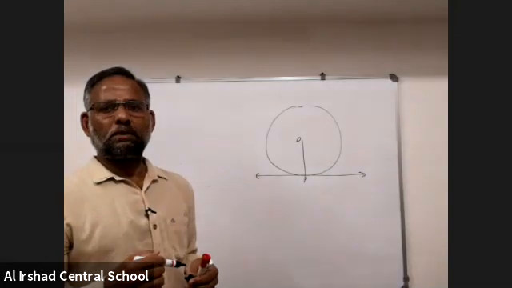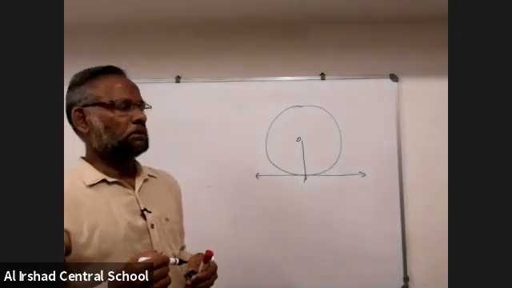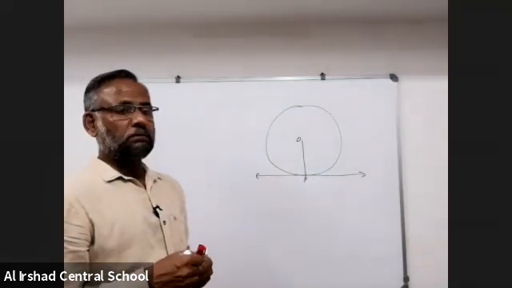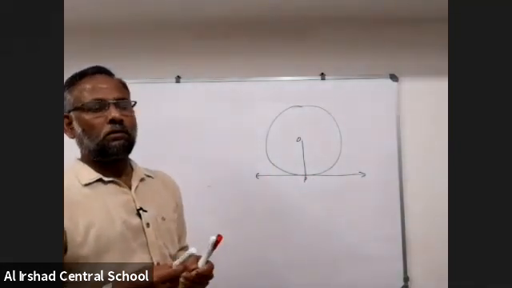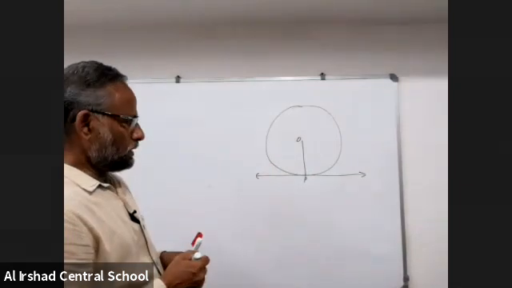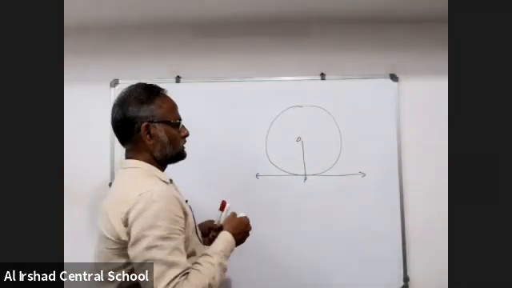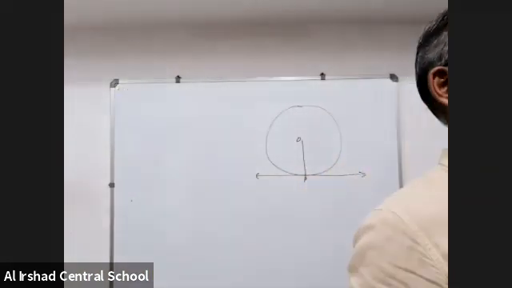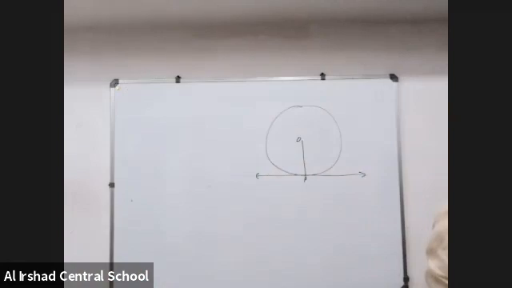Suppose it is not passing through the center. Circle is there, then there is a tangent at the point P. Now suppose it is not passing through the center. In the question, the perpendicular at the point of contact to the tangent to a circle passes through the center. Why the center of the circle?